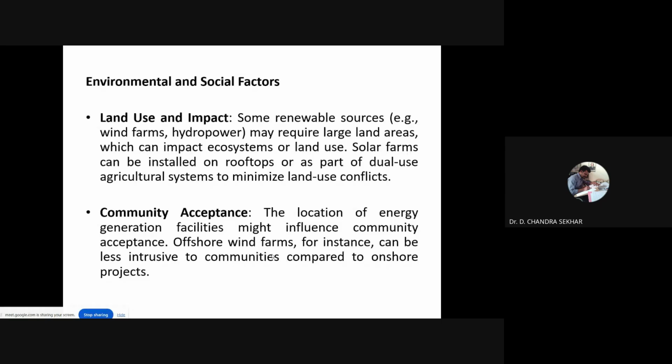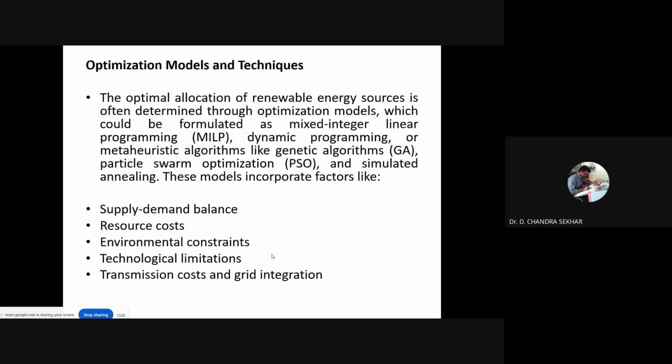For optimization models and techniques, the optimal allocation of a renewable energy source is often determined through optimization models.